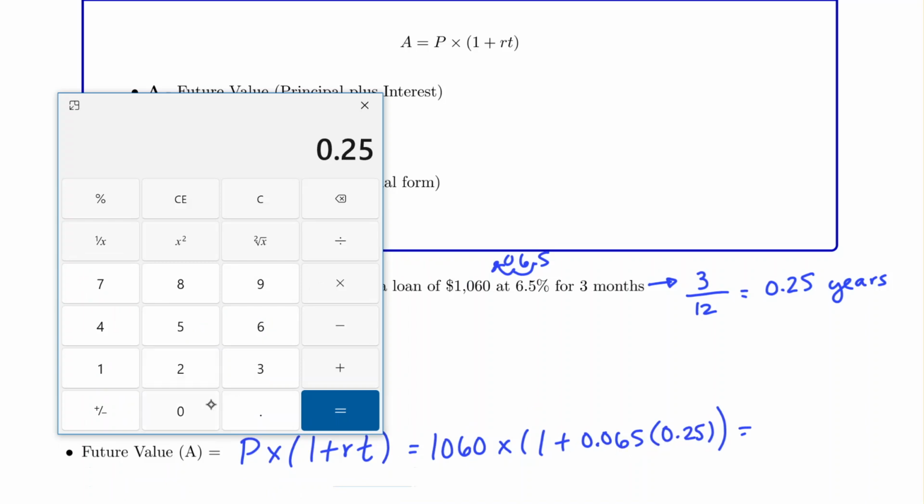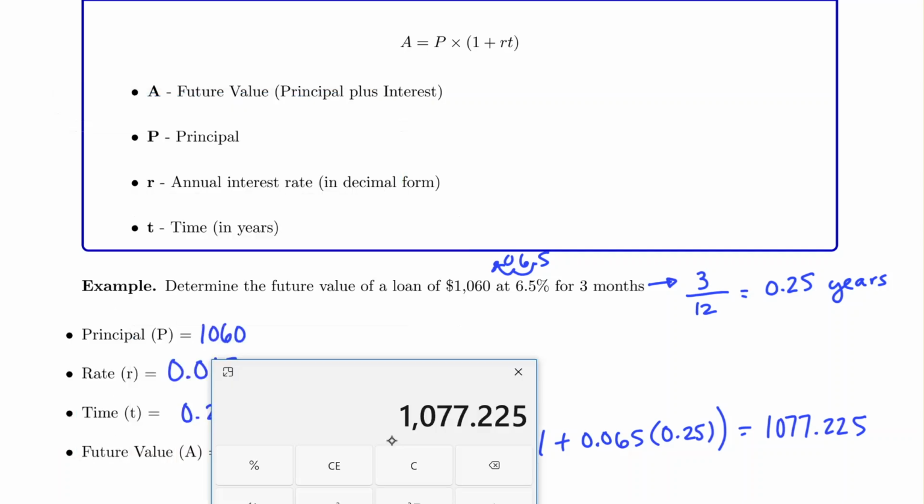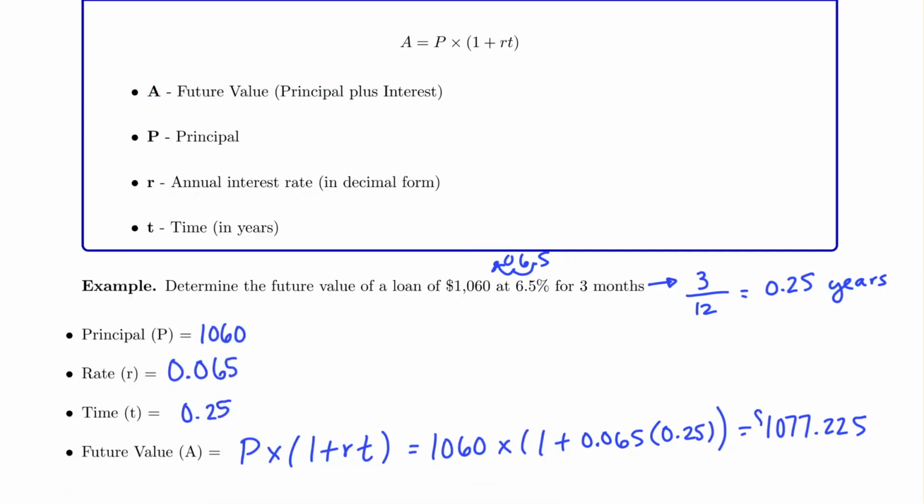My calculator is relatively simple, so you have to do things in a certain order. So 0.065 times 0.25. Now add that to 1. And that's the value I'm multiplying by 1060. And we get the future value of the loan will be this amount. So that will be our future value of the loan.